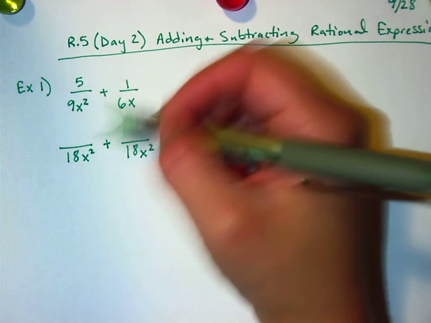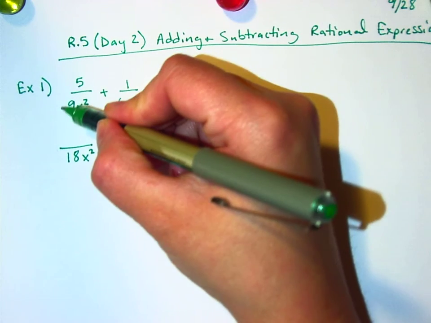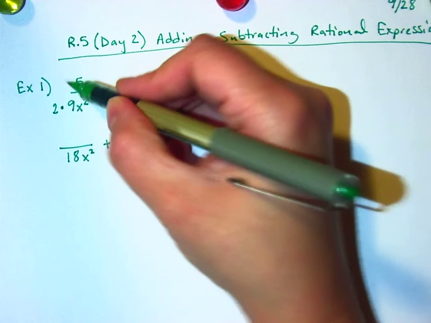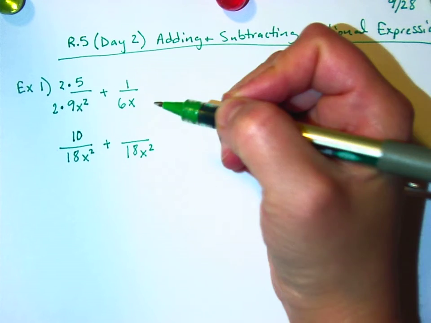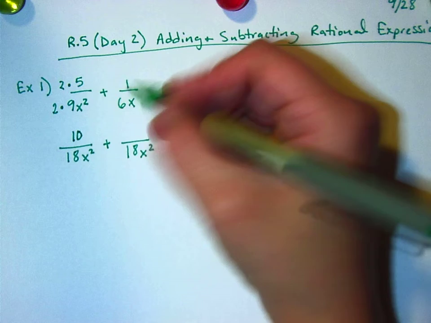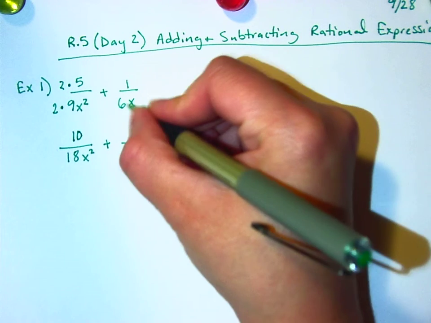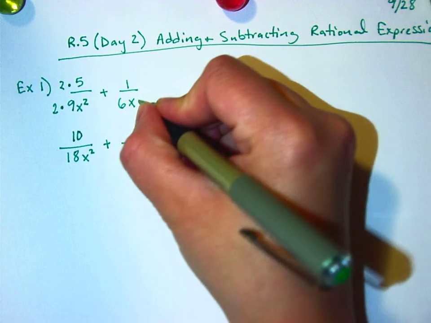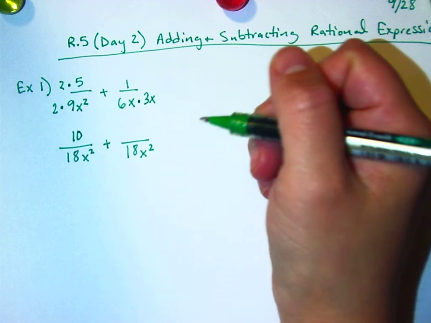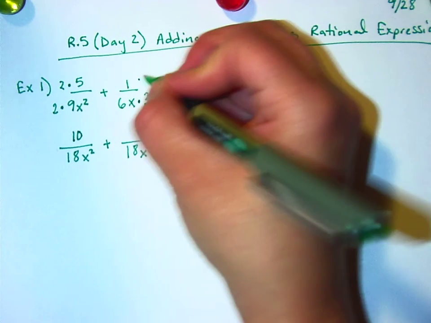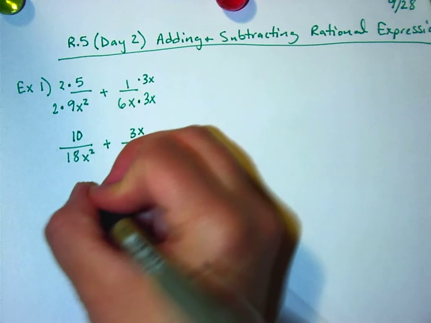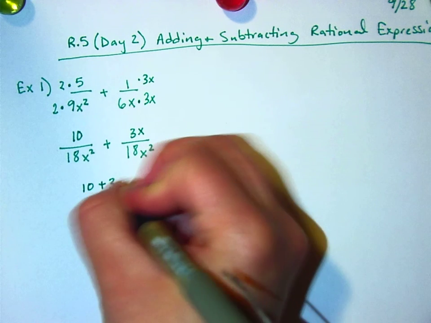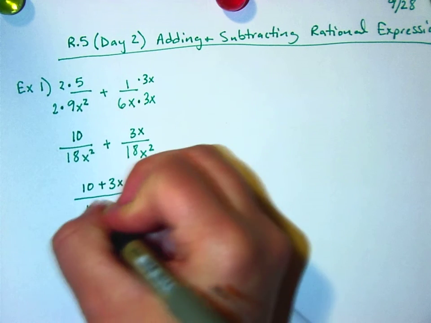And just like adding fractions, 9x squared times 2 makes 18x squared, and 5 times 2 makes 10. All right, here we've got 6x. We're trying to get to 18x squared, so we're going to multiply by 3x. Gets you 18x squared, so we're going to multiply the top by 3x too. And then your final answer is just putting it together with only one thing on the bottom.